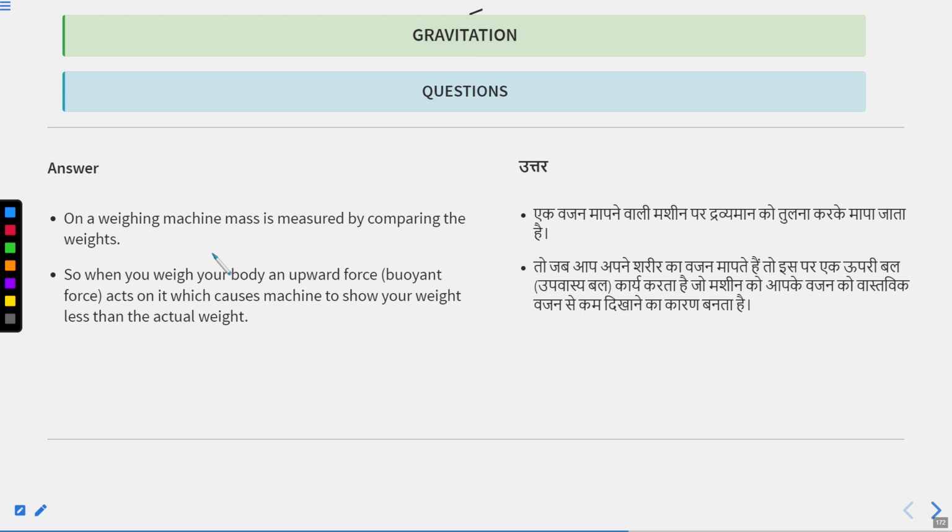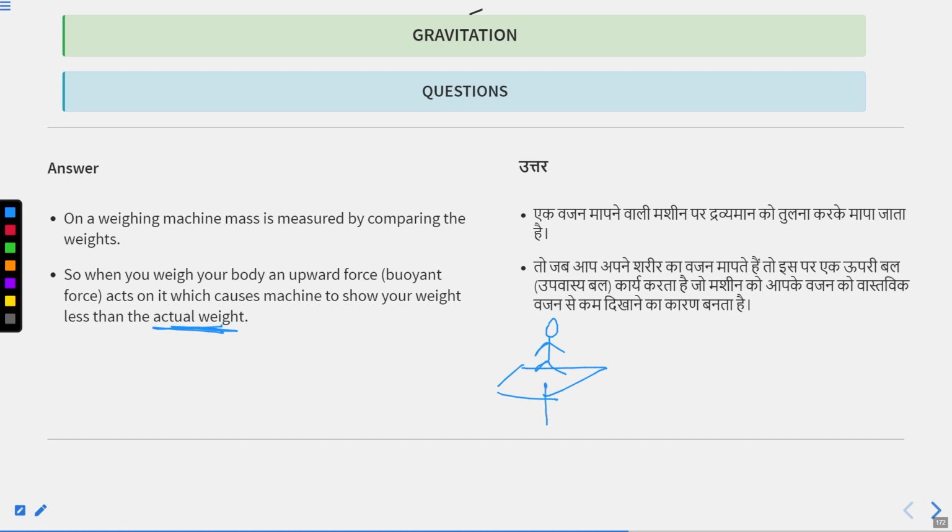On a weighing machine, mass is measured by comparing the weight. An upward force acts on the body, which causes the machine to show your weight less than the actual weight. This is your weighing machine, and you are standing on it. How does a weighing machine measure the weight?